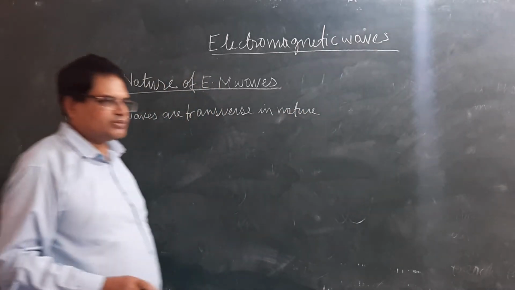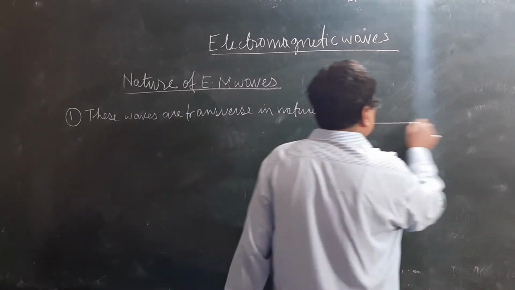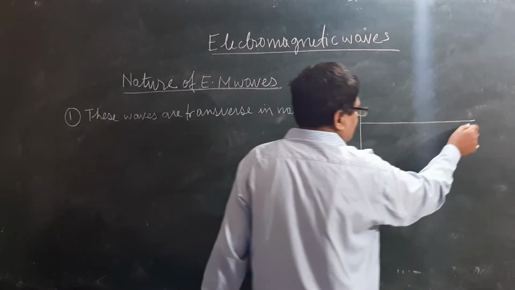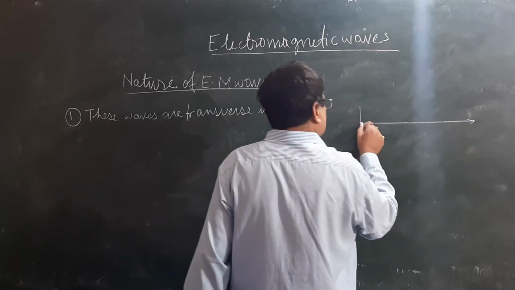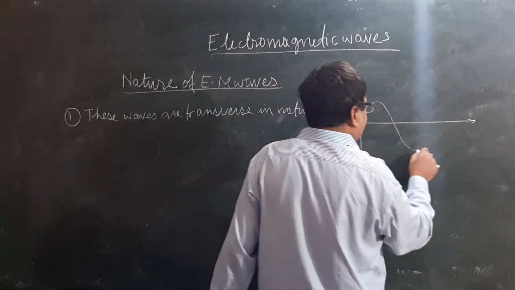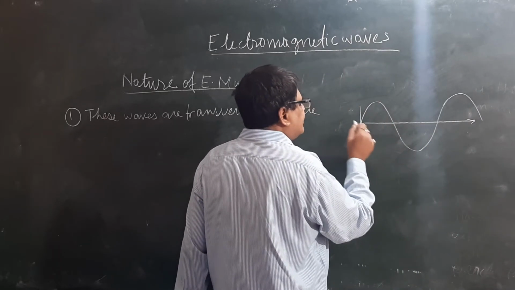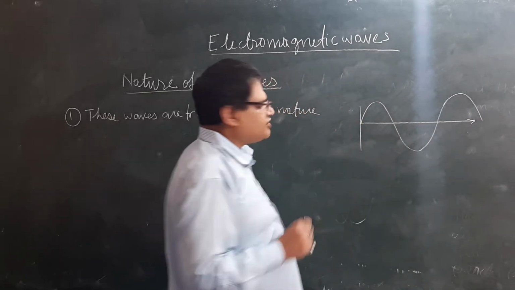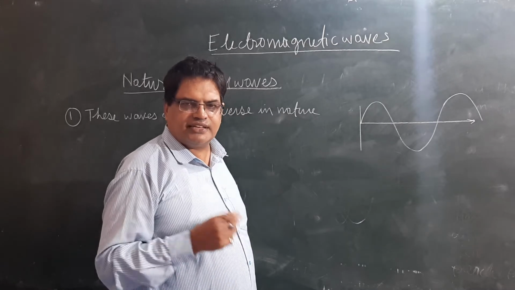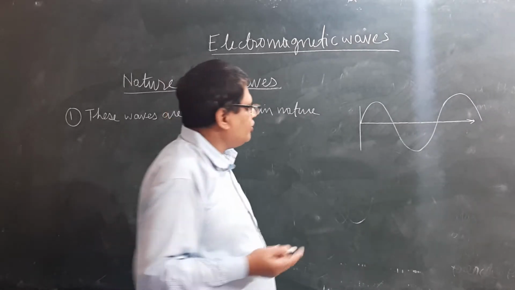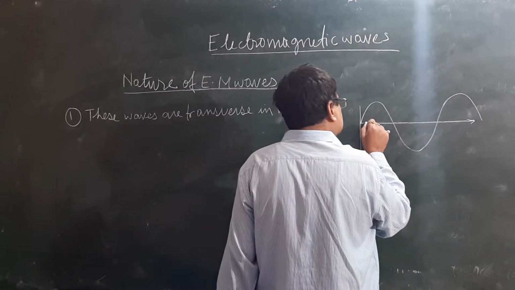What do you mean by transverse nature? Suppose this is the direction of propagation of the wave, and this is how the wave travels. Of course electromagnetic waves are not mechanical waves. This can even travel in vacuum. But you see the components.